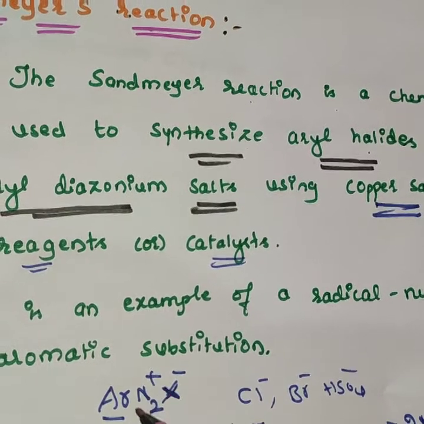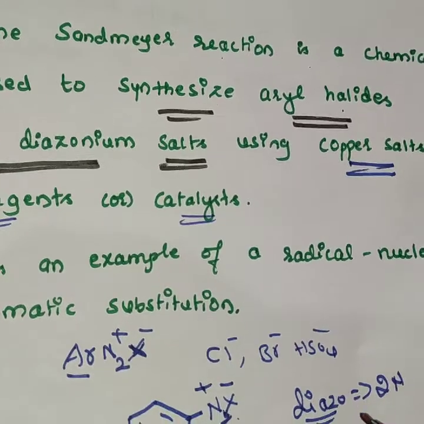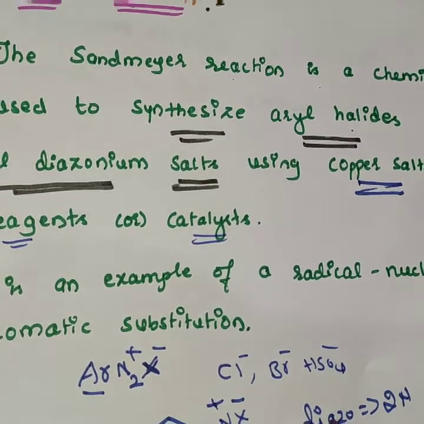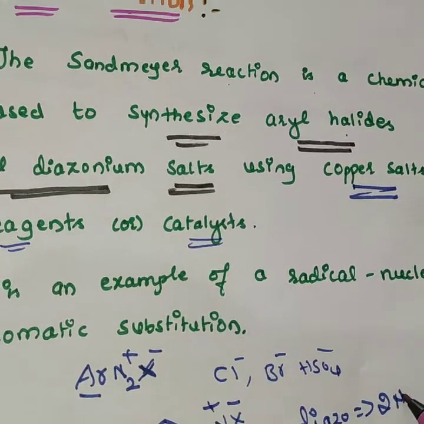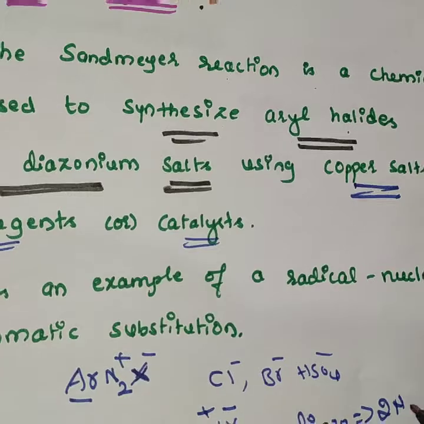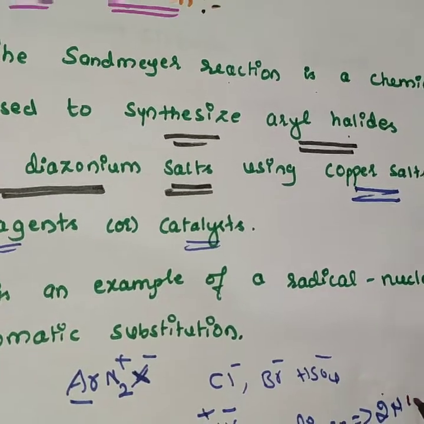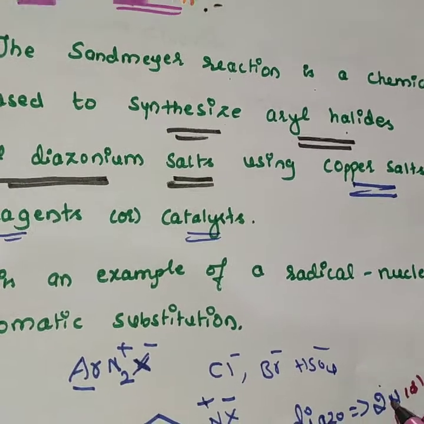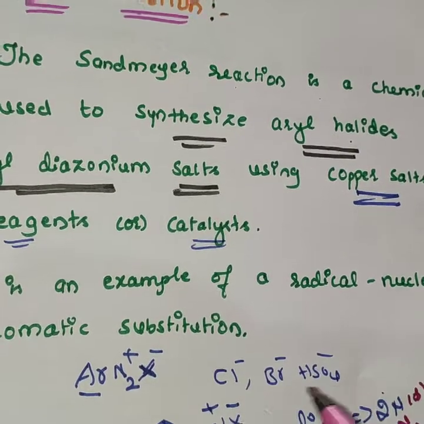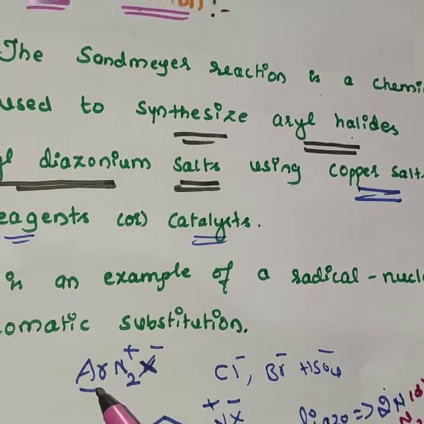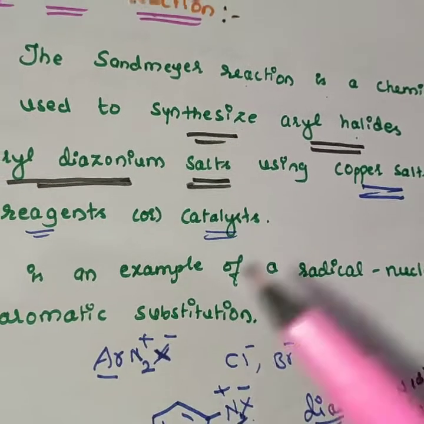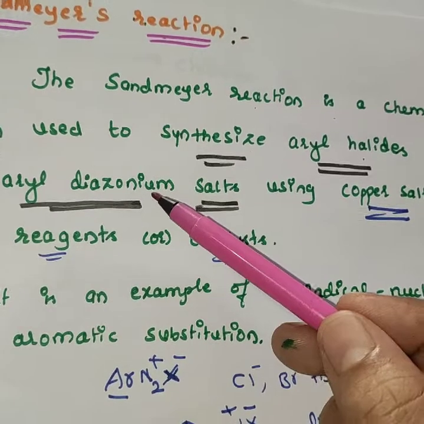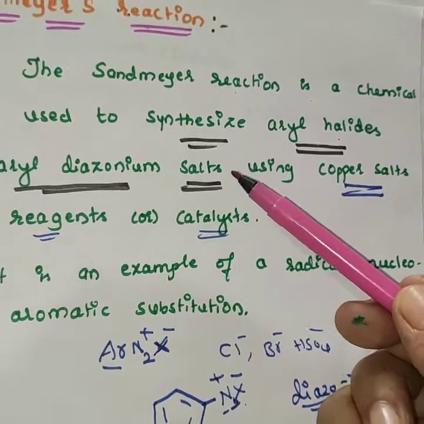The word diazo means: di means 2, azo means nitrogen atoms. So two nitrogen atoms, or we may write N2. So two nitrogen groups are substituted to the aromatic system, and such compounds are called aryl diazonium salts.